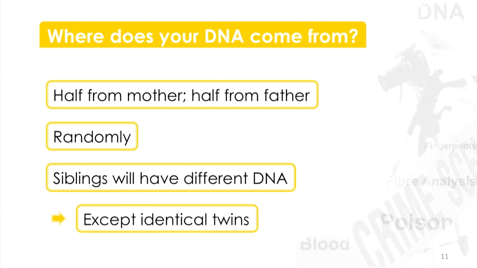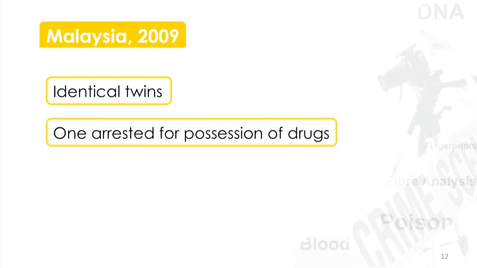you tell the difference? So this is a recent case from Malaysia involving identical twins, Sathis and Sabarish Raj. One of them was arrested by the police because he was carrying a large quantity of drugs.